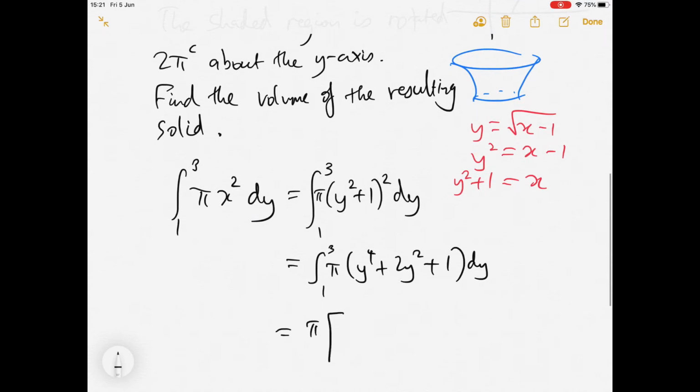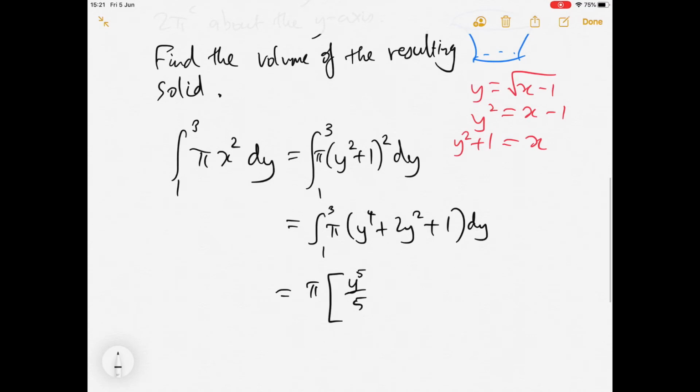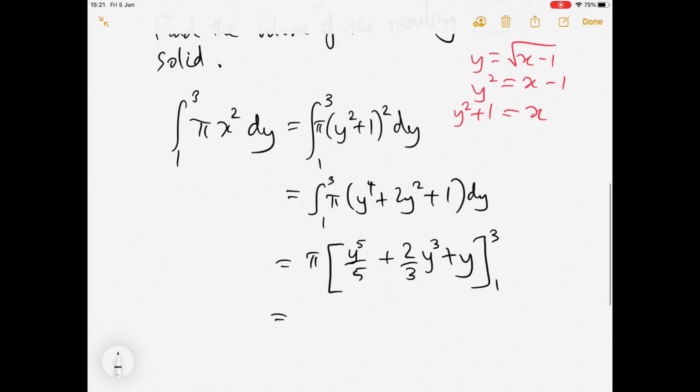And then we can just use year 1 integration. So we get y to the 5 over 5 plus 2/3 y cubed plus y between 3 and 1. And then if we put in the top limit, we're going to get 1004 over 15 pi.